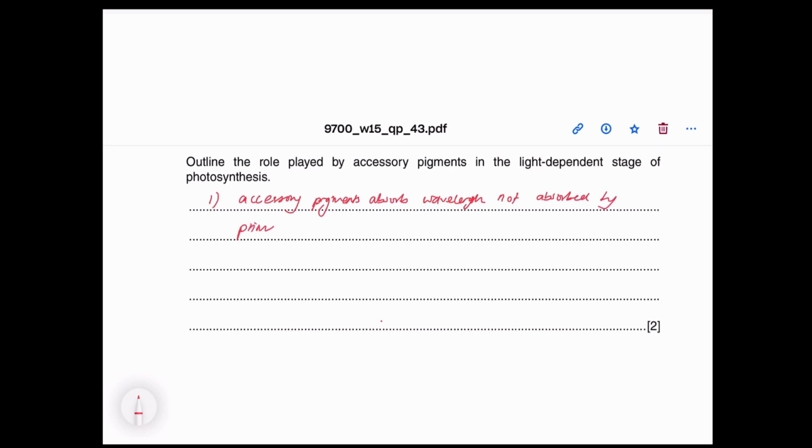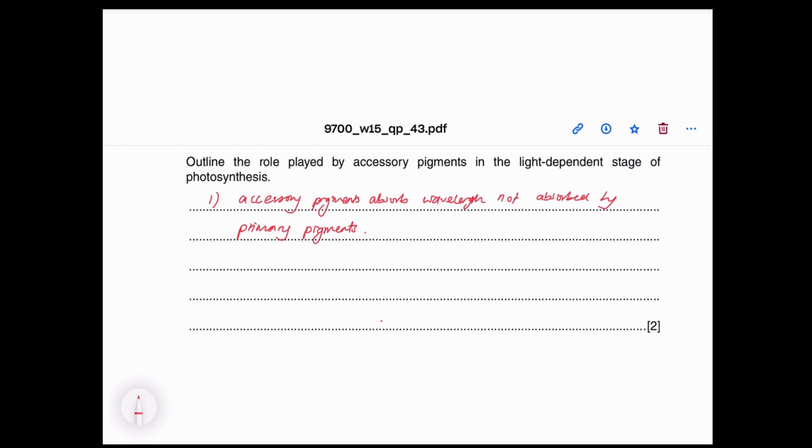Number one is to allow the accessory pigments to absorb wavelengths that are not absorbed by the primary pigment, chlorophyll A. As we know, chlorophyll A has absorption peaks around 430 nanometer and around 600 or 700 nanometer.